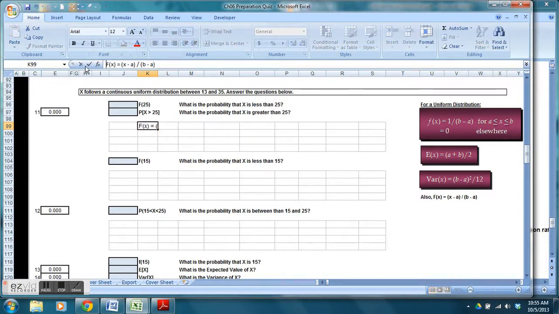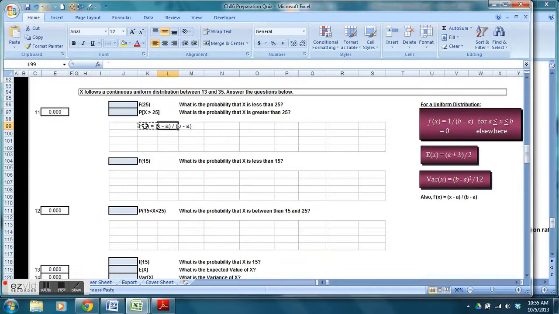In this case we know what A and B are. Remember that A and B are given to you in this formula. A is the minimum bound that x can be, so in this case it's 13, and B is the maximum, so it's 35.